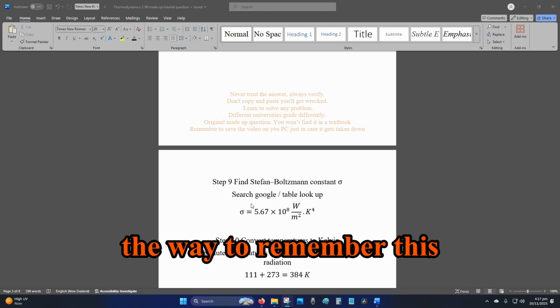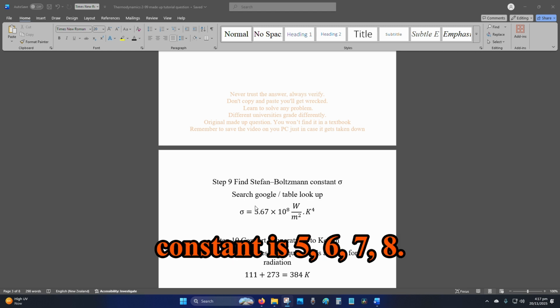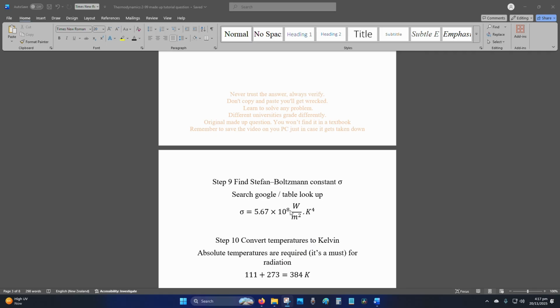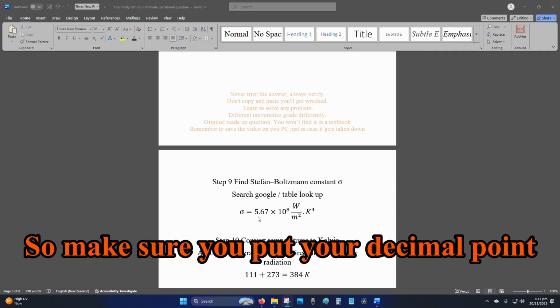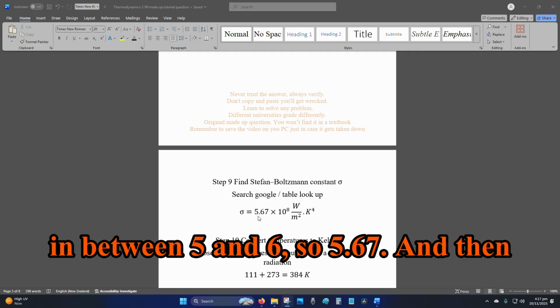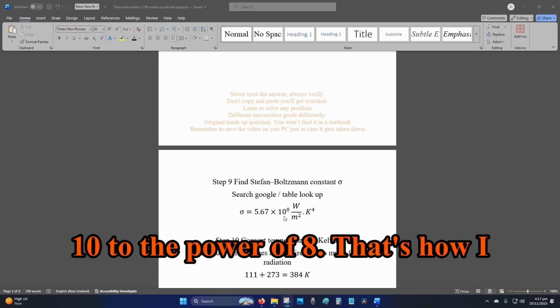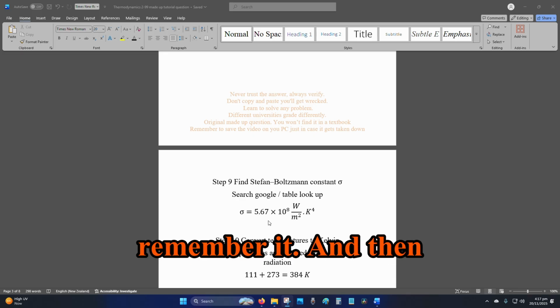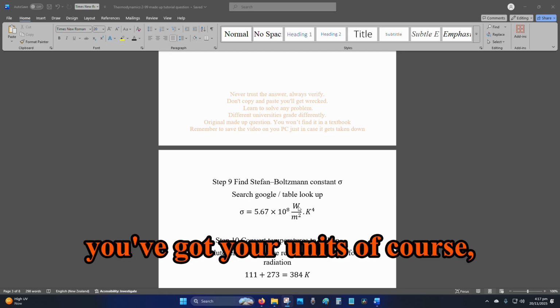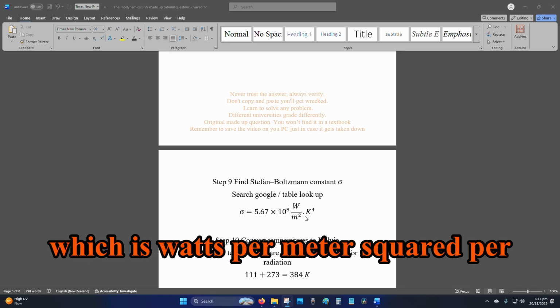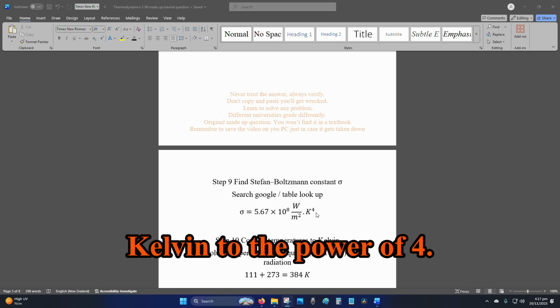The way to remember this constant is 5, 6, 7, 8. So make sure you put your decimal point in between 5 and 6, so 5.67, and then make sure you've got your 10 to the power of 8. That's how I remember it. And then you've got your units, of course, which is watts per meter squared per Kelvin to the power of 4.